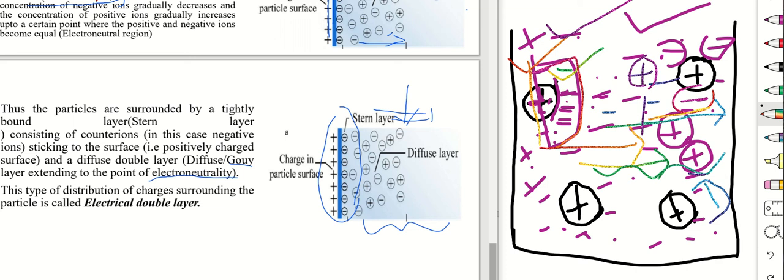This kind of distribution is known as the electrical double layer. You are able to see a tightly bound negatively charged layer, and again a diffuse layer which includes the zeta potential. This kind of existence of charges is known as the electrical double layer.